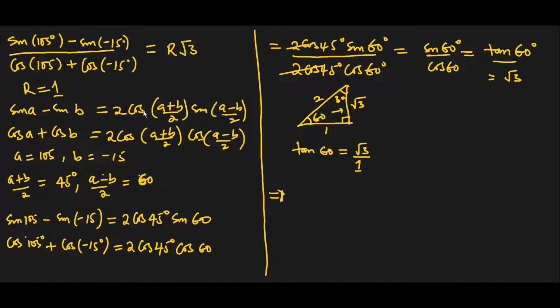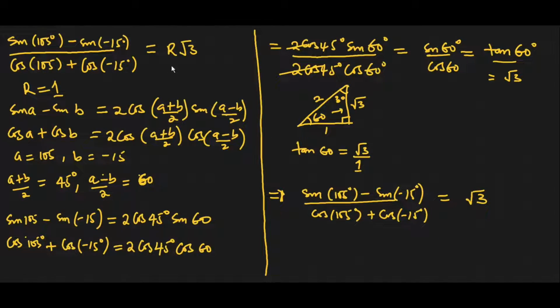So when you go back to the problem, you can see that sine of 105 degrees minus sine of minus 15 degrees, everything over cosine of 105 degrees plus cosine of minus 15 degrees, is reducing to this, which is equal to root 3.